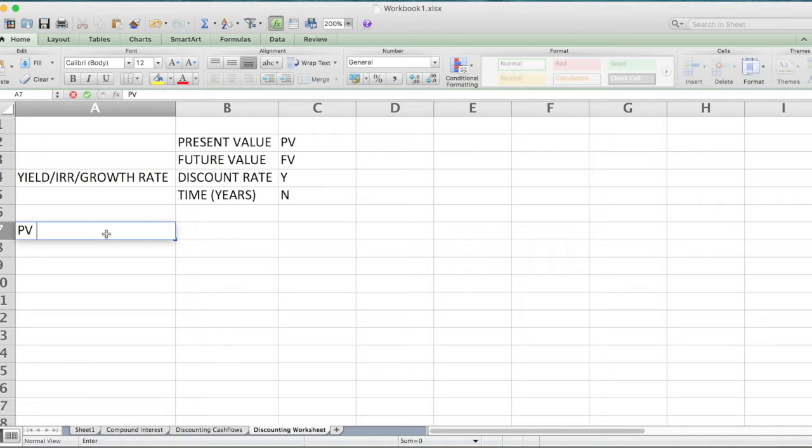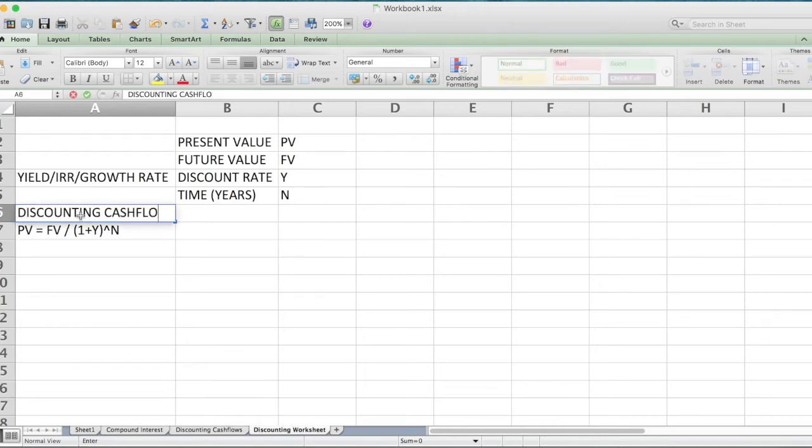PV is equal to FV, so present value is equal to future value divided by 1 plus the yield term, and that bottom number, 1 plus yield, is raised to the power of n. Now, if you've done compound interest formula before, and I'm guessing you have, you'll notice that the exact same 4 variables are used in the discounting cash flows formula as in the compound interest formula.